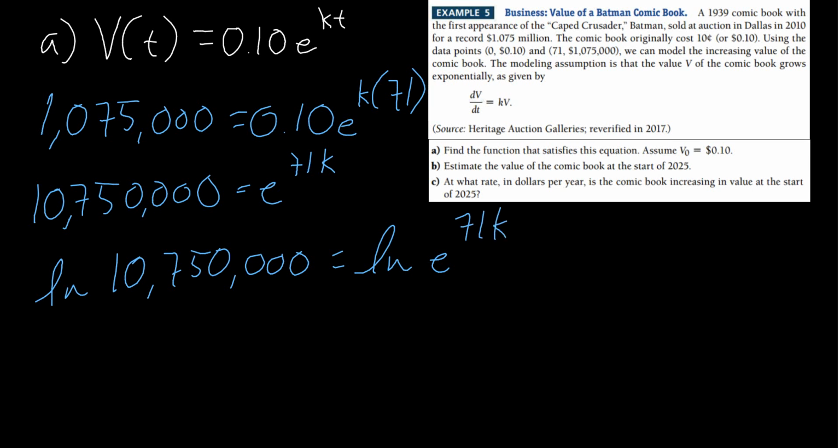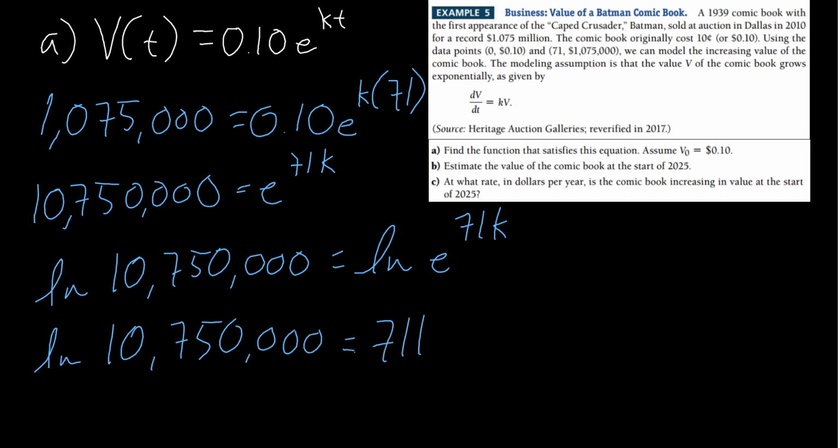Well, we know from our power rules that I can take the 71k and put it out in front of the natural log of e, and I also know that the natural log of e is just simply 1. So this turns into, and I'm just going to go ahead and write the whole thing out so we're not skipping steps here in case you do look at these notes, we just end up with 71k.